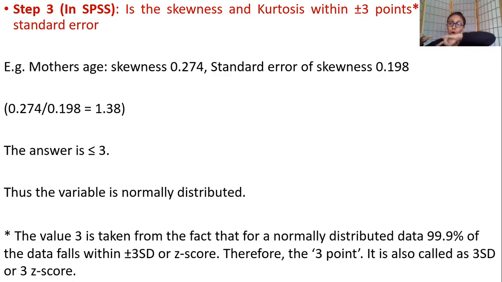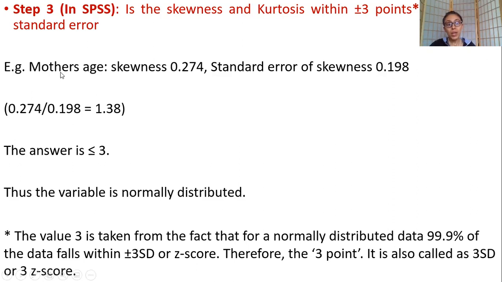The majority of your data for a normal distribution, because all of them are trying to tell a homogeneous trend, should fall within plus or minus 3 standard deviations. Therefore I use the word 3 points just because it is easier for students to understand, but technically this means plus or minus 3 standard deviations or Z scores.